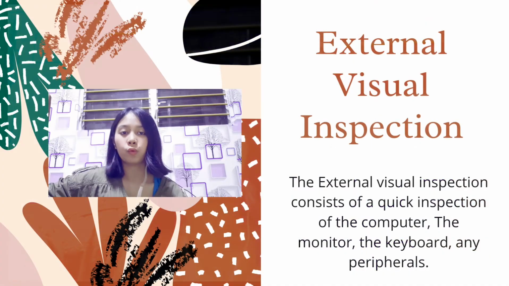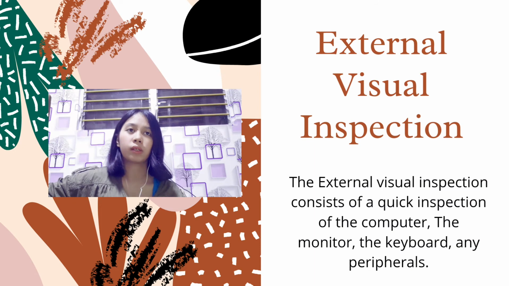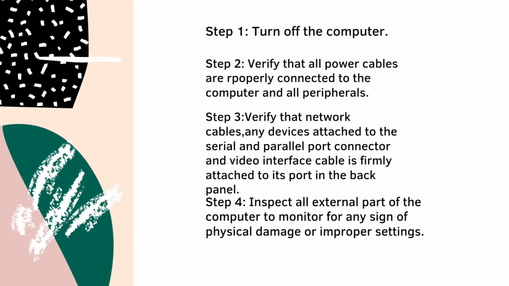What I'm going to show here is the external visual inspection. The external visual inspection consists of a quick inspection of the computer, the monitor, the keyboard, and any peripherals. After installing those hardwares, these are the steps of the inspection that will show you if you installed those hardwares correctly.